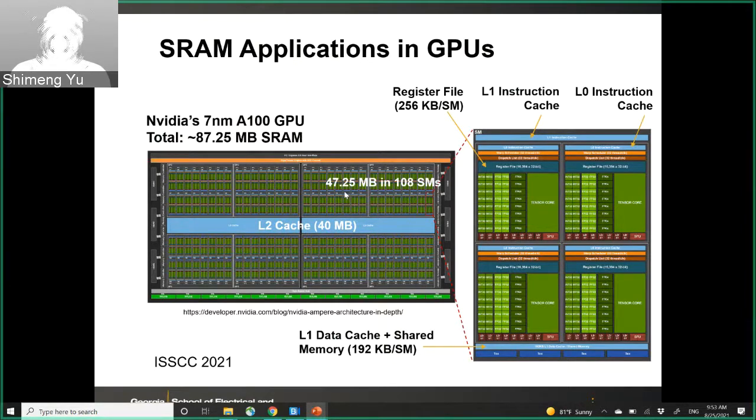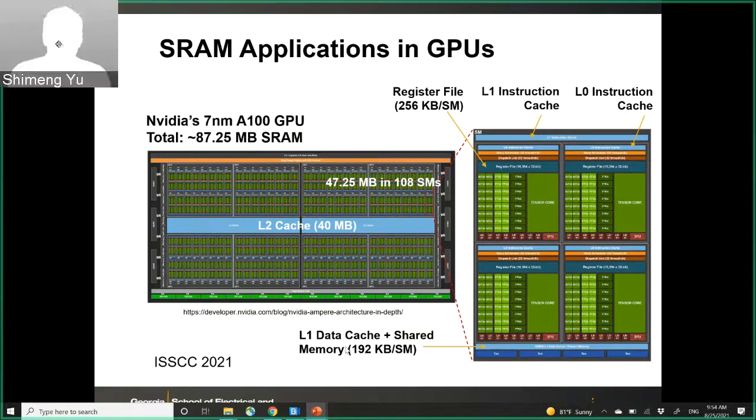And L1 in total is also about 47 megabytes. This is because those 47 are split into about 100 SMs, those cores. So each core is about 192 kilobytes.